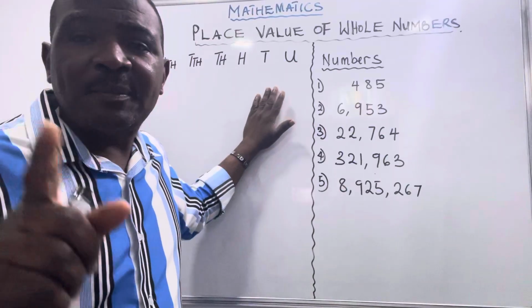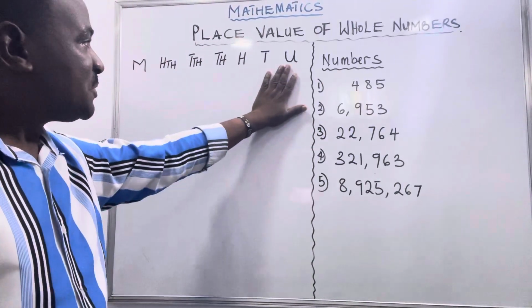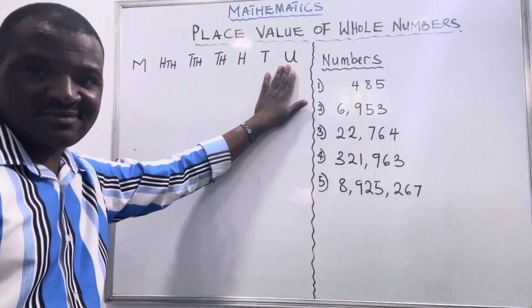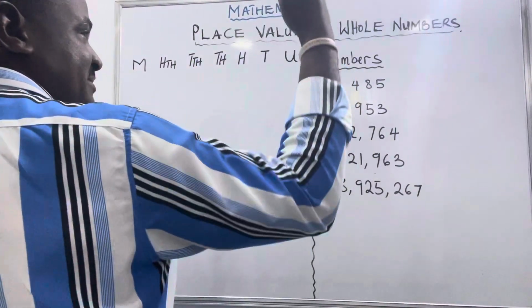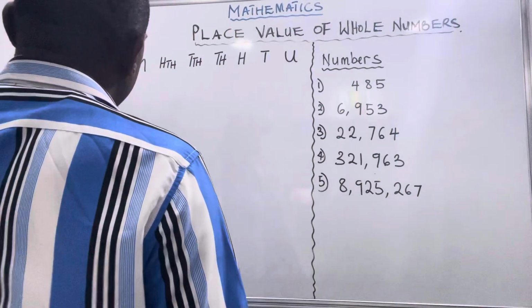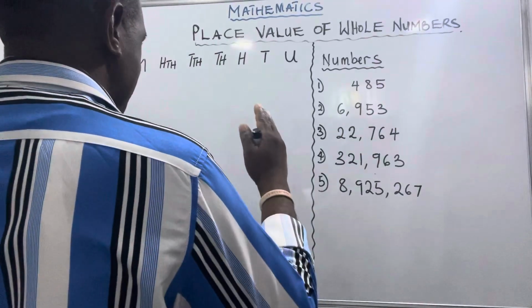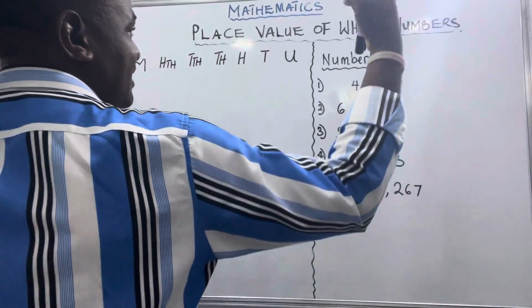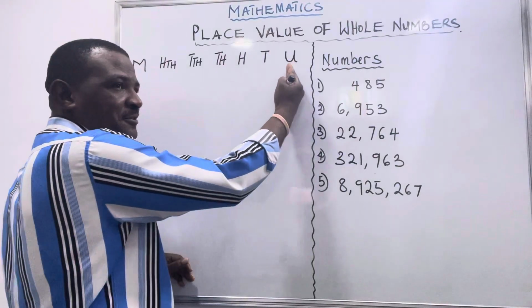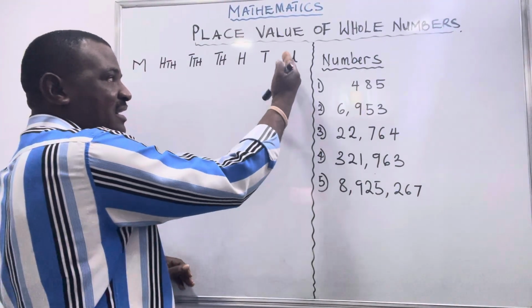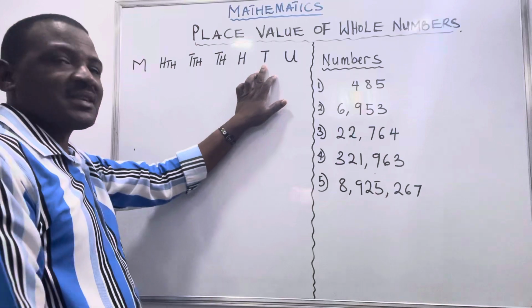Now, when you are talking about place value, it starts from units. Look at me, I'm facing the board now. This is my right hand side and this is my left hand side. So when you face the board towards your right, you start from units. That is where units start from. After units, then you have what?